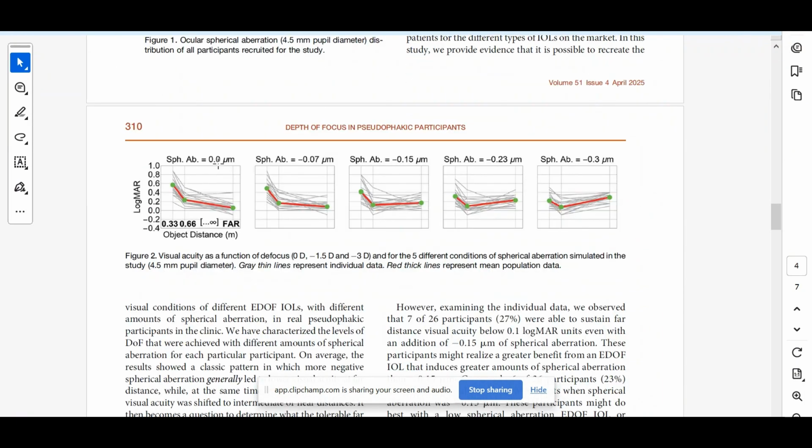So patients who had no spherical aberration, you can see the defocus. They measured the visual acuity in terms of the defocus, that is the far vision over here, zero, where they did not induce defocus.